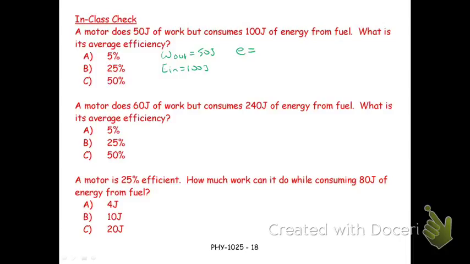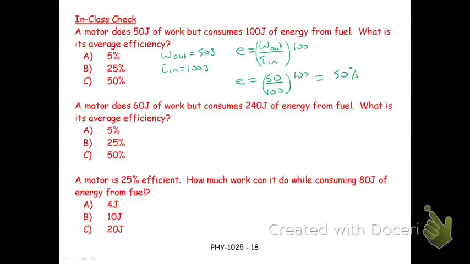Efficiency equals what I get out, which in this case is work, over what I put in, which in this case is energy. And if I want it in percentages, I've got to times that by 100. So we said 50 over 100 times 100, which is 50%. And that's how you do them.